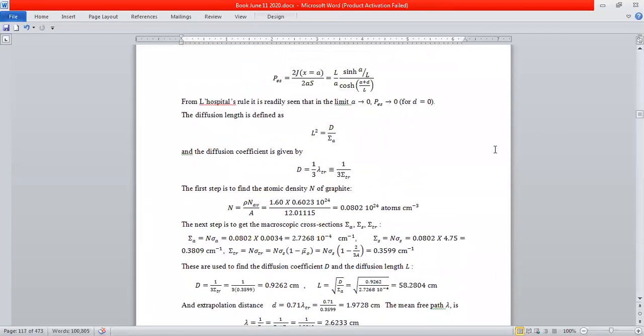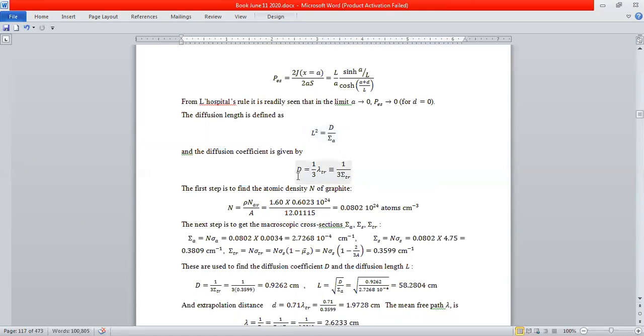Okay. So first of all, let's calculate the diffusion length. The diffusion length is L, and L square is, you know why we write L square? Because remember tau? Tau had units of centimeters square. So tau was for slowing down and L square is for diffusion.